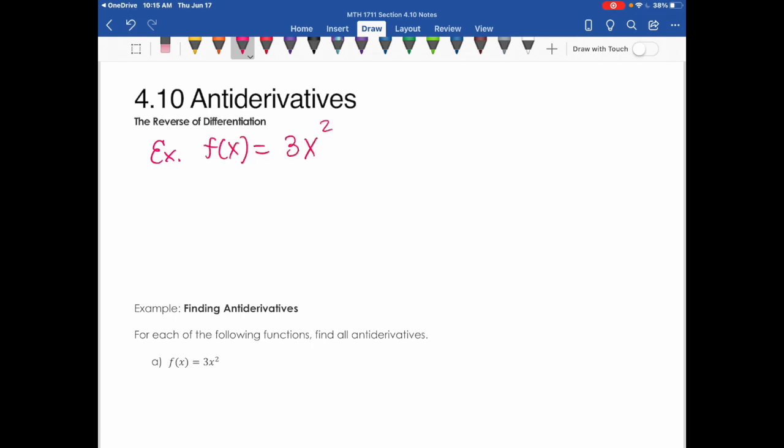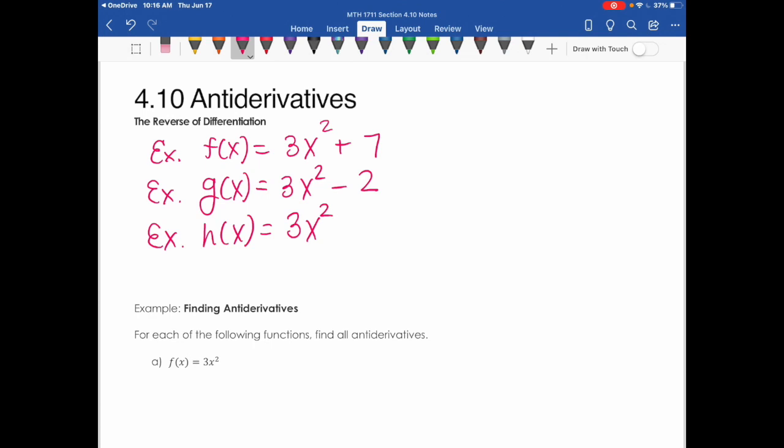If I gave you the function f of x is equal to 3x squared plus 7, and I gave you another function, we'll call it g of x, and that's 3x squared minus 2, and I give you another function, we'll call it h of x is equal to 3x squared plus 100.